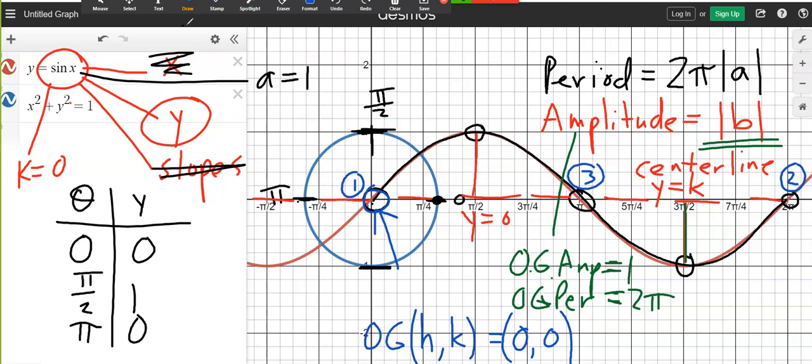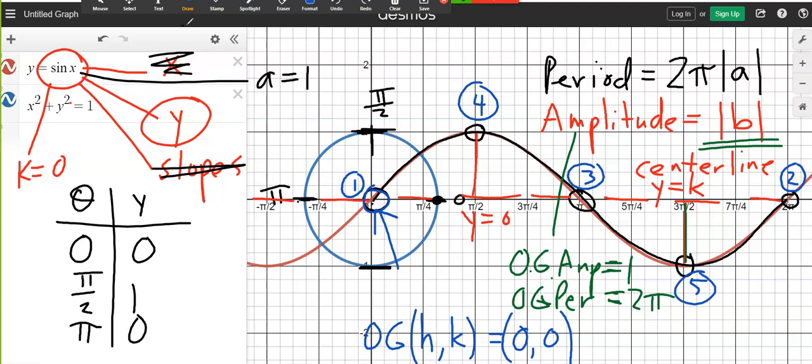Once I establish the end of the wave, I go halfway back to find point number 3. Point number 4 is found halfway between those two at the top of the wave. And point number 5 is found here at the bottom of the wave.